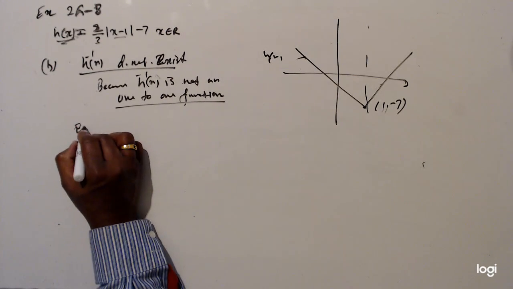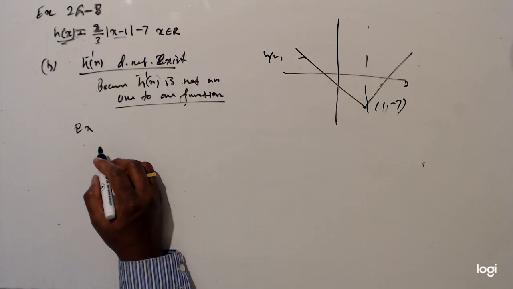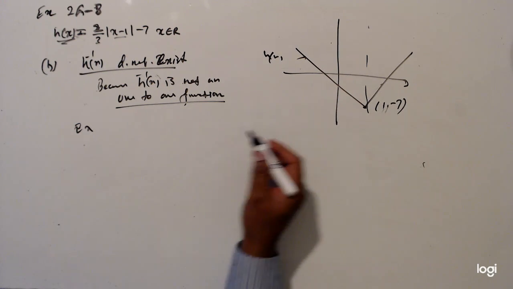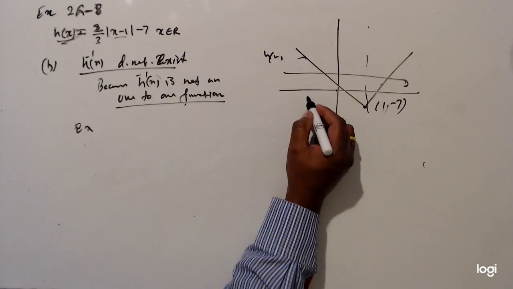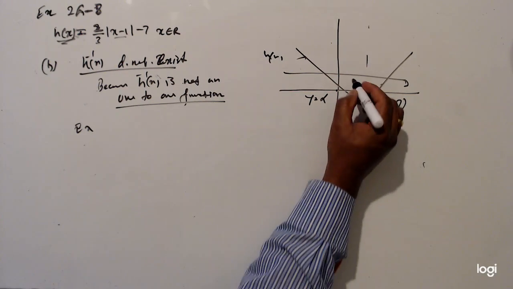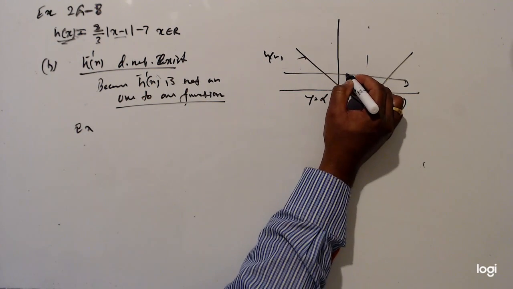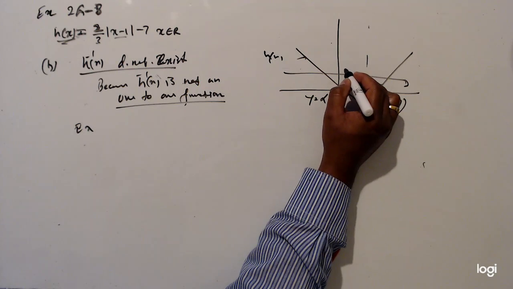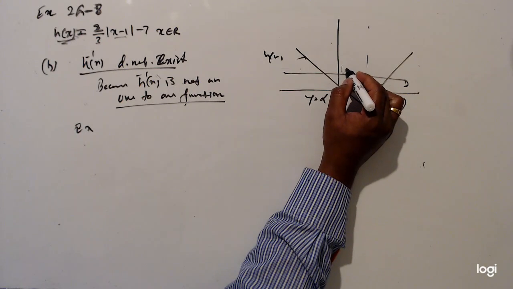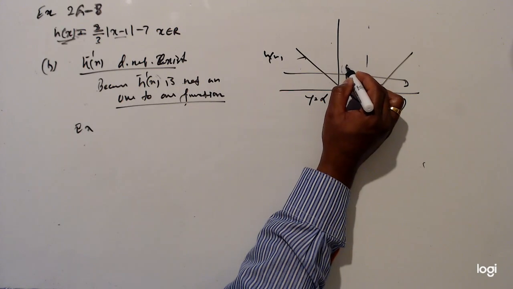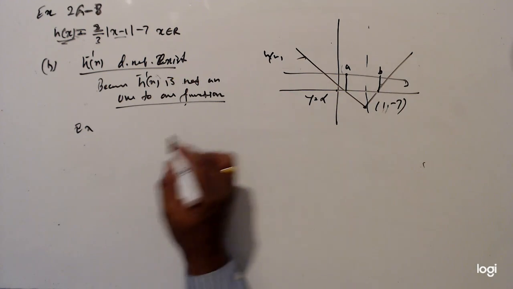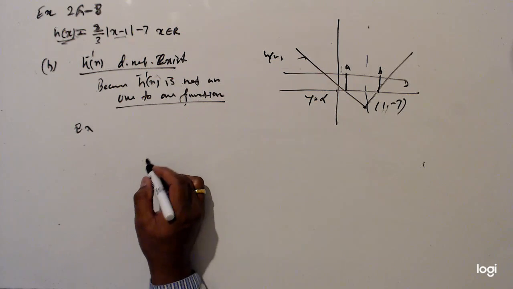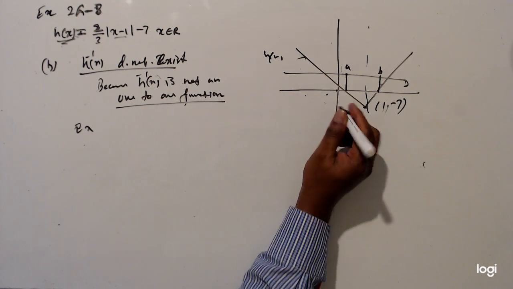Now we have to give an example. So if you select this y value, y equal alpha, so this is, let's say, A, and this value is B, and this is actually hx.